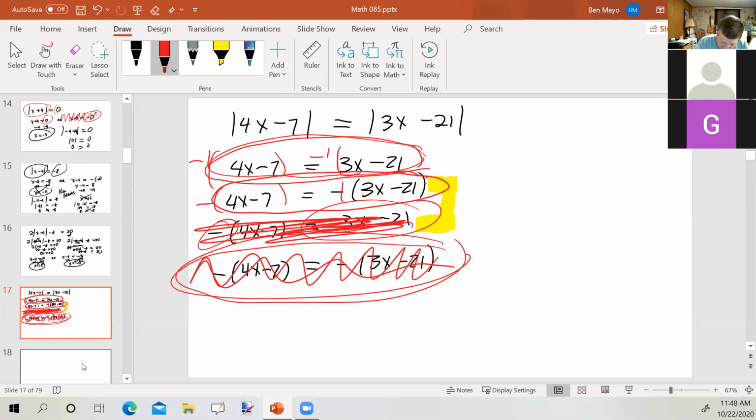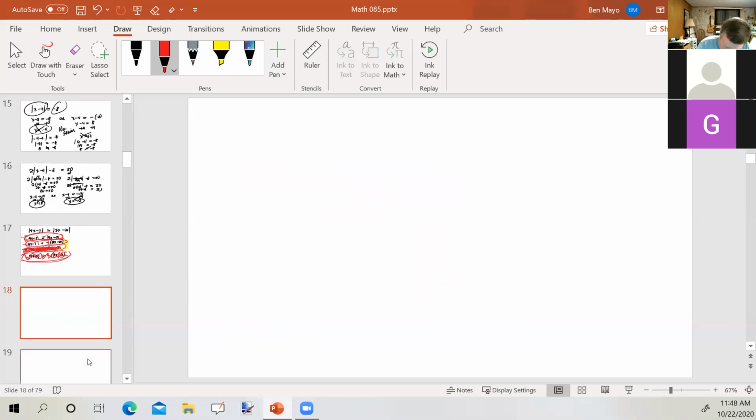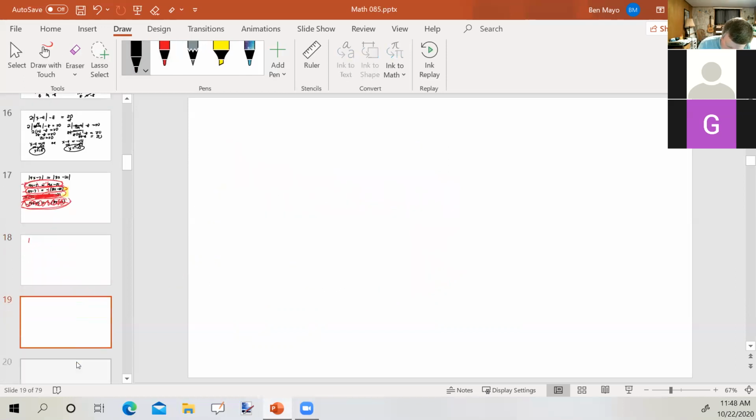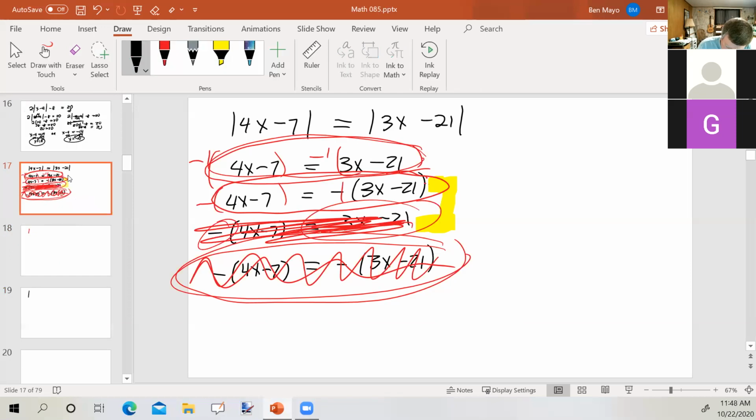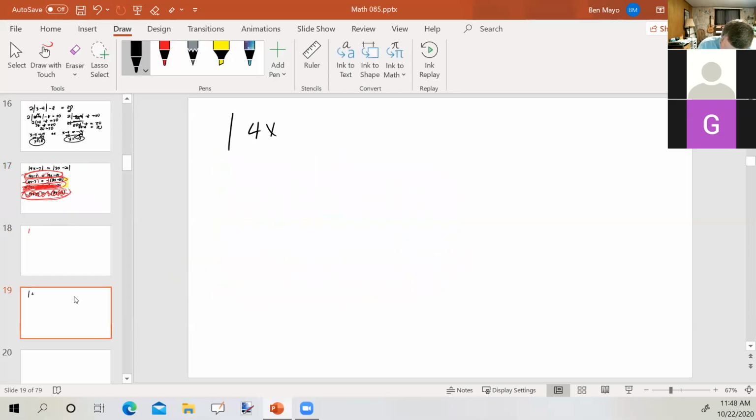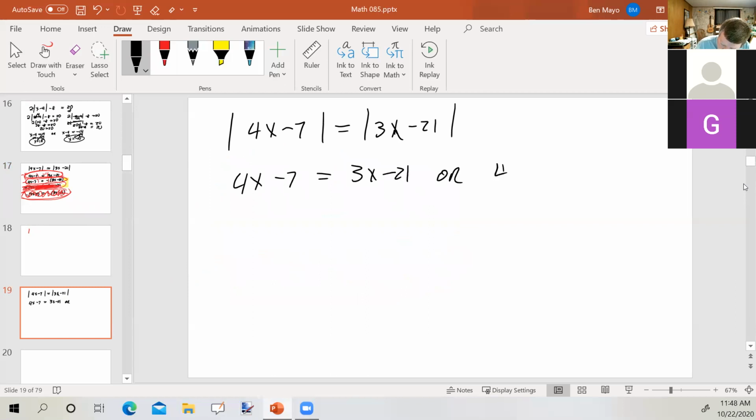And so let me go back and recopy this. Oops, let's try that again. And I've got the absolute value of 4x minus 7 equals the absolute value of 3x minus 21. So I'm going to take what's inside of one equals what's inside of the other, or what's inside of one equals the opposite of what's inside the other.